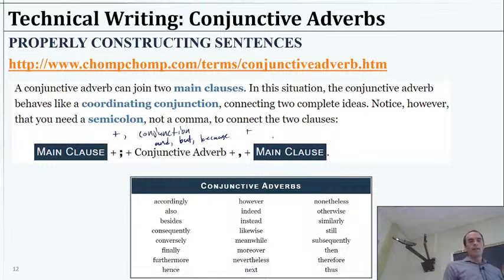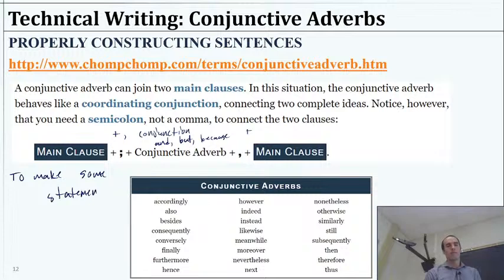So if you do this, the proper way to do so is to make some statement, however, to use a semicolon when you do so. So the sentence I just said, right? So to make some statement, that's my first main clause, semicolon, and I'm just going to put this over here, however, and then you need a comma.